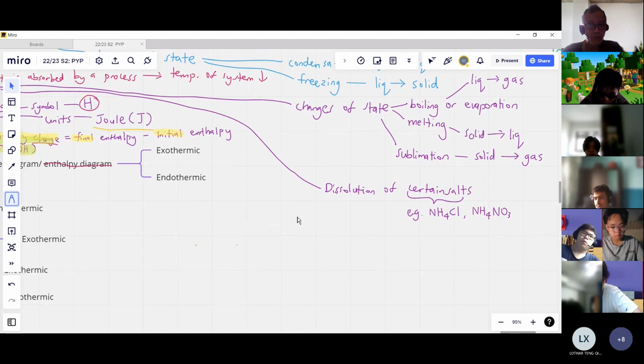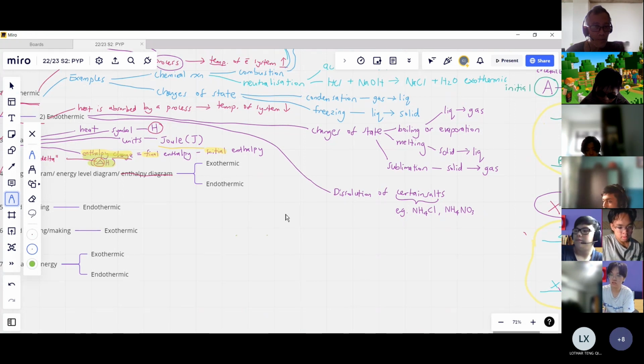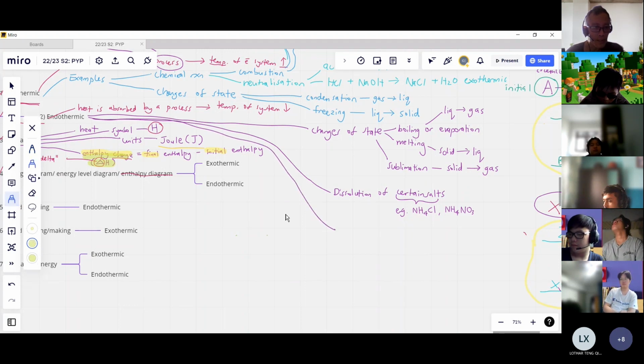Okay, so maybe just one last thing. Endothermic. Oh, but just a quick reminder. Change of state is a physical process. Dissolution is a physical process.